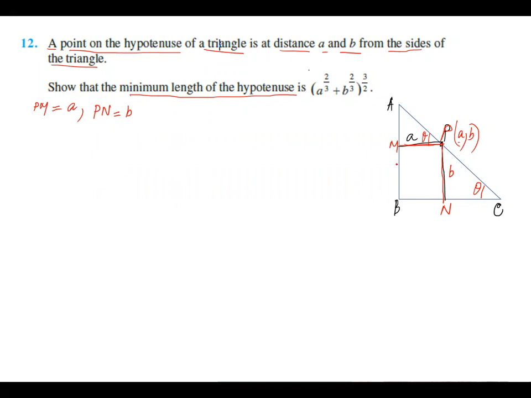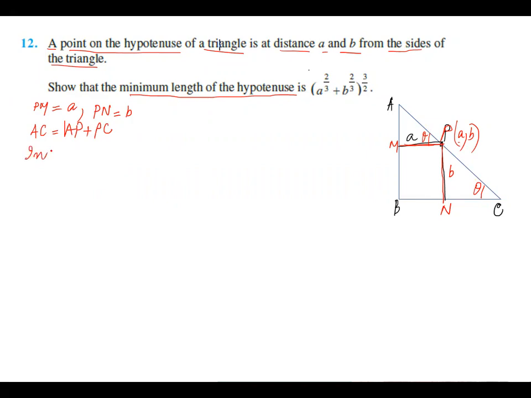I'm finding the length of hypotenuse AC as AP plus PC. I'll use triangle AMP to find AP.